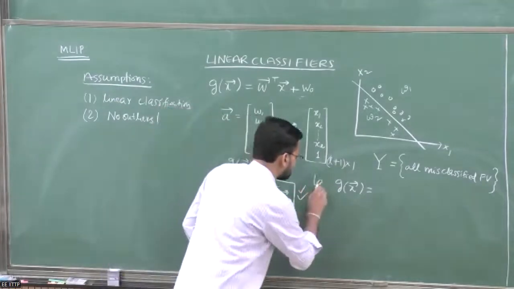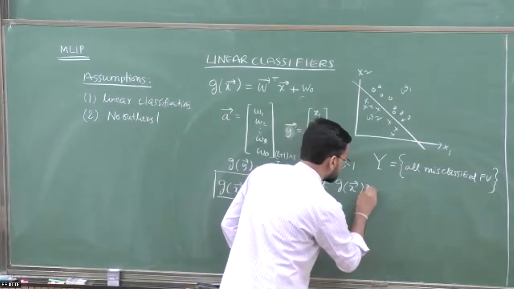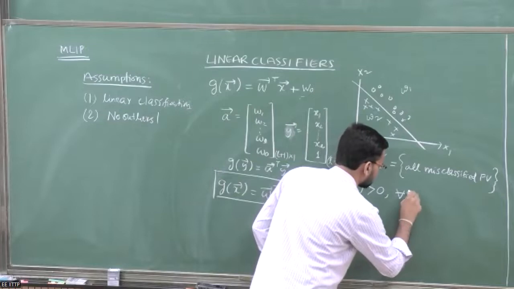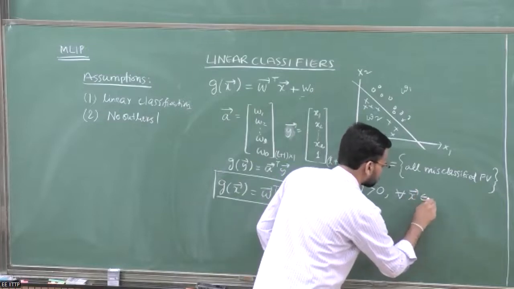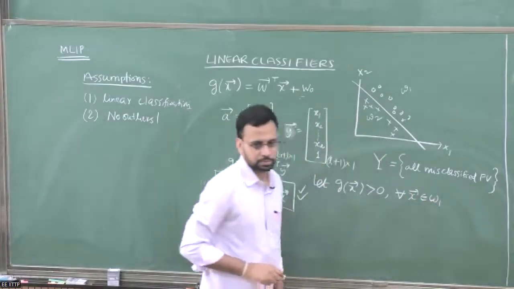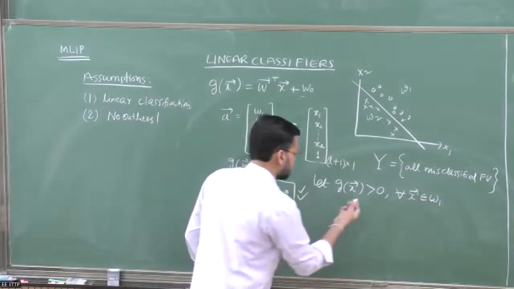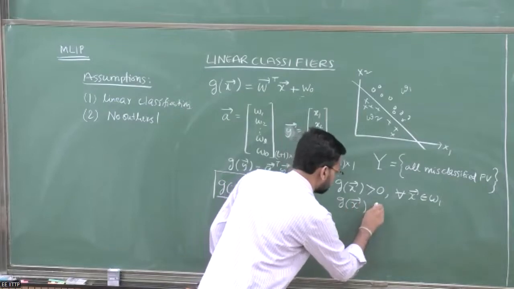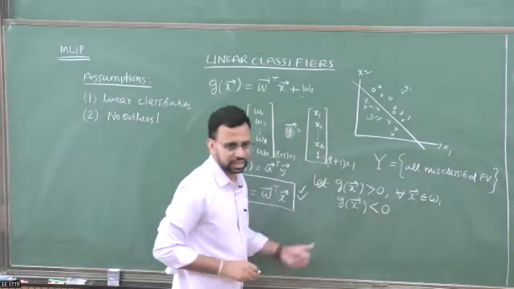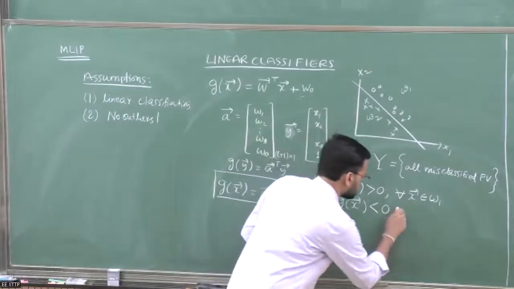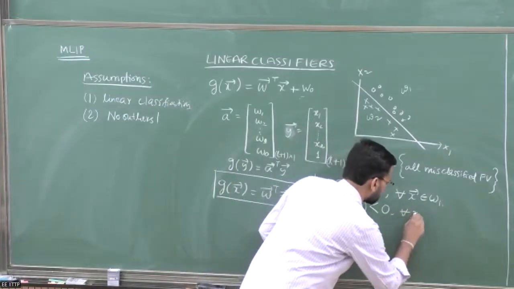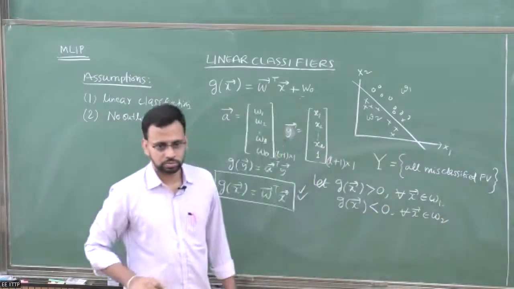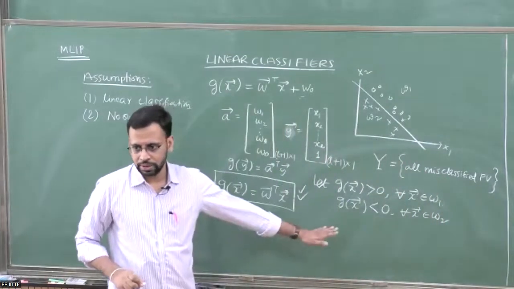So let us say that g of x bar is greater than 0 for all x bar that belongs to omega 1. And similarly, the consequence of that is that it is less than 0, that is negative in other words, for all x bar that belong to omega 2. Clear so far?